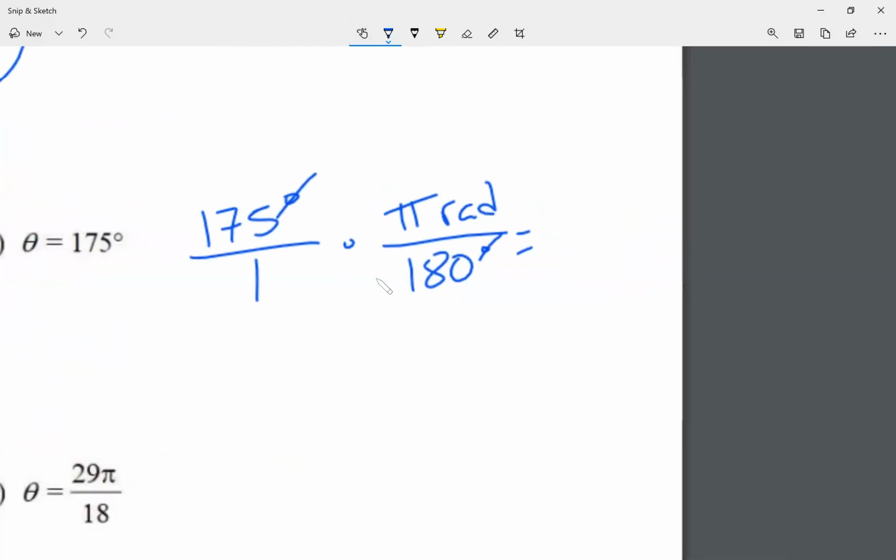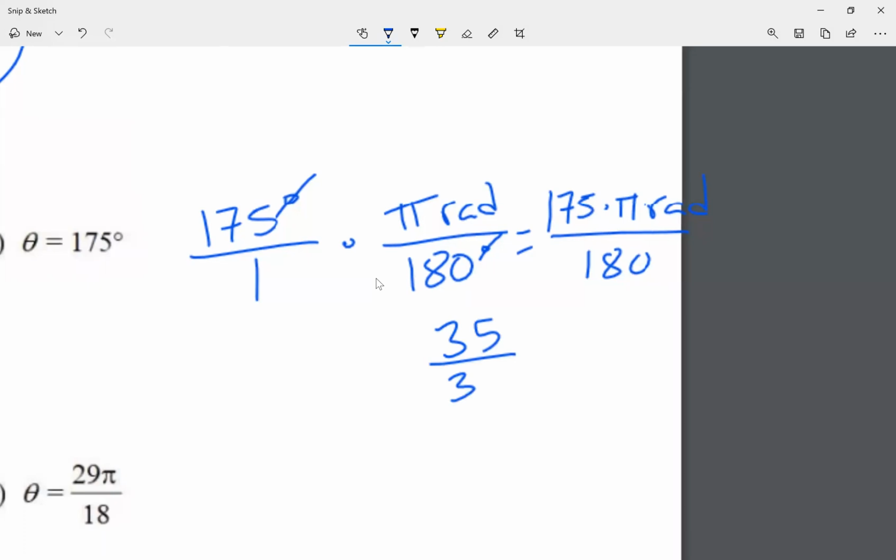So my fraction, on the top, I have 175 times pi radians. At the bottom, 1 times 180 is just 180. Now, simplifying fractions again, 175 over 180, I can call that 35 over 36.